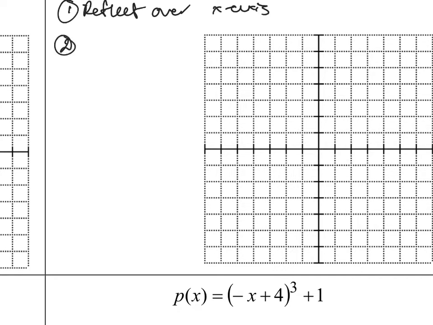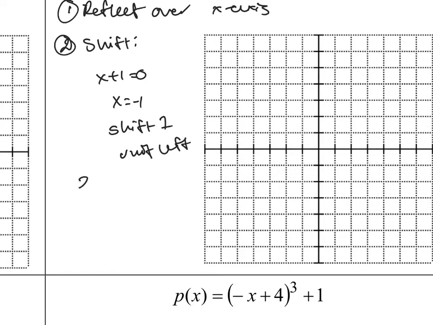And then let's see where we want to shift. We're going to set it equal to 0, solve for x, x is negative 1, so we're going to shift 1 unit left. And then the last part, we have plus 4 on the outside of the function, so we're going to shift up 4.